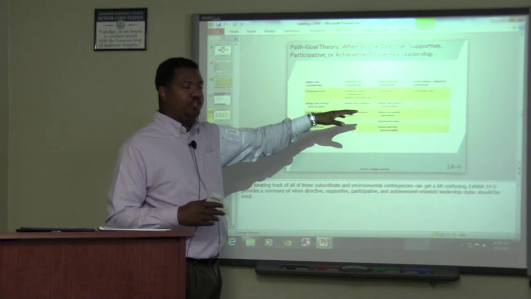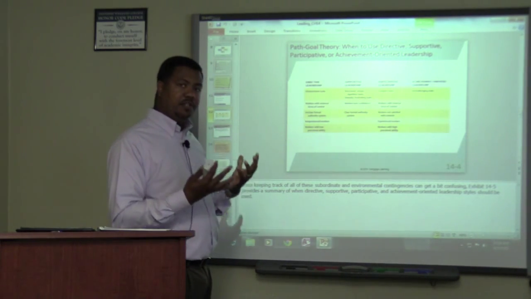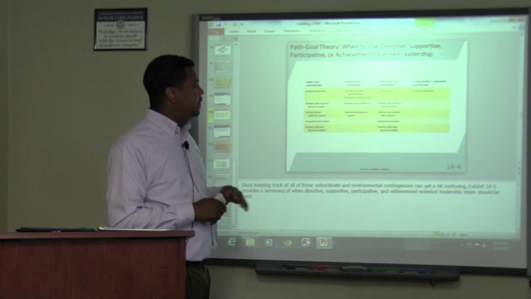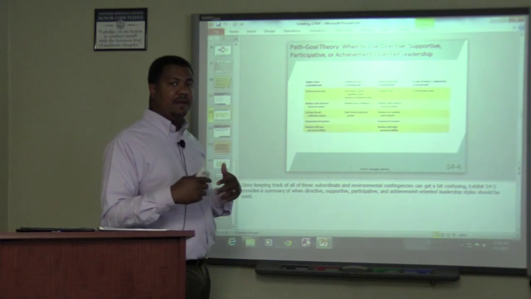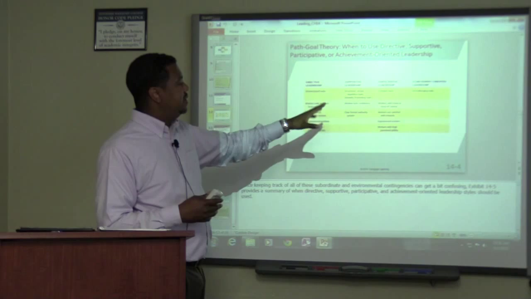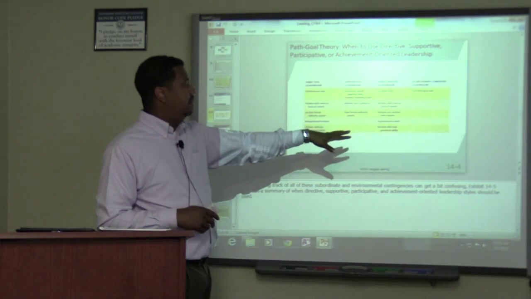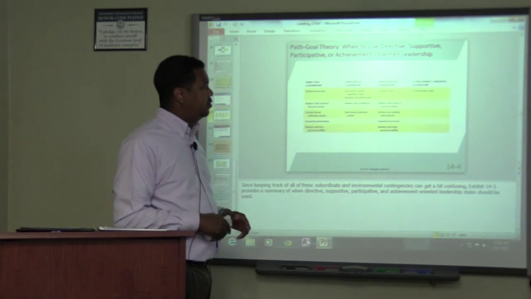Those workers have an internal locus of control where they're more confident they can control their environment by their decisions. And workers are not satisfied with the rewards, so you can bring them in to have a conversation about what is necessary for them to be more satisfied. Your workers have a lot more experience and a higher degree of perceived ability as well.